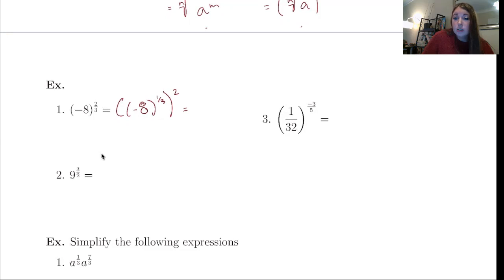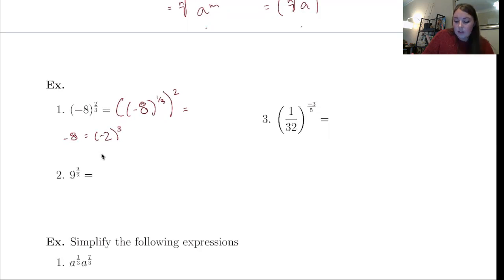If 2 cubed is 8, then -2 times -2 times -2, I have that extra negative left over because 2 of them cross out. Do you see that?